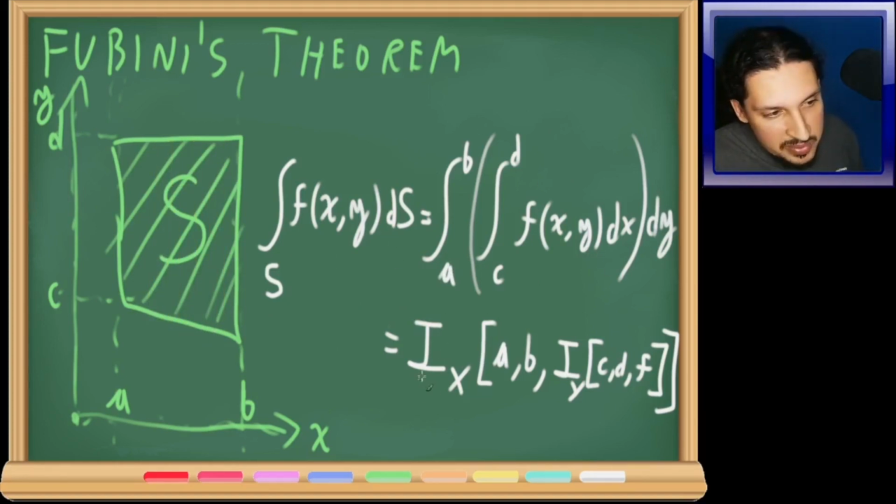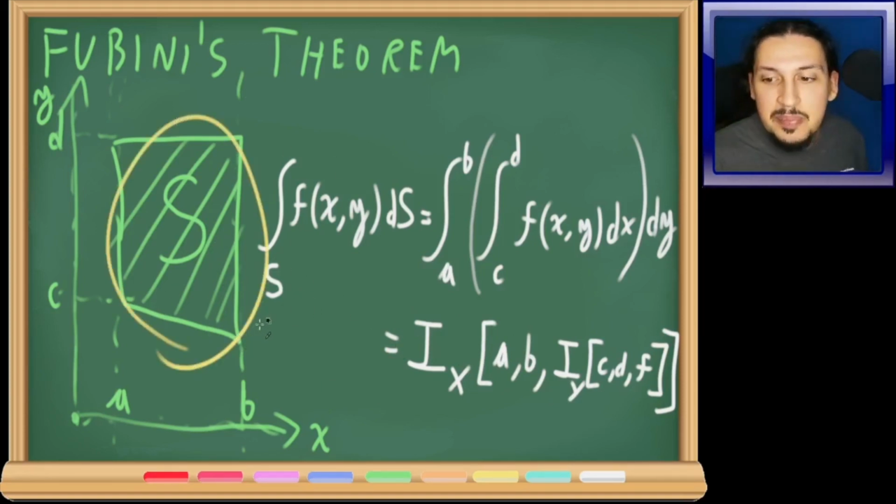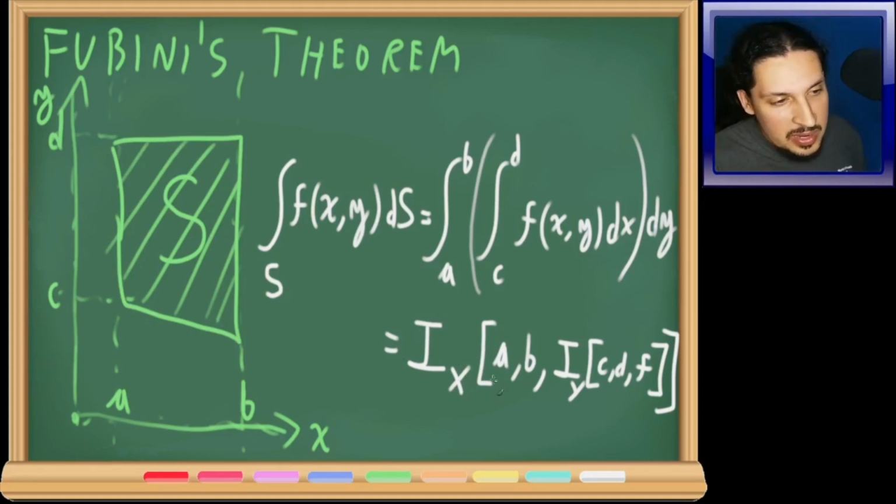But basically, if we take an integrate operator that takes, integrate from A to B, this function, what Fubini tells you is that to do the 2D integration, you can do the integration of the integration of f. But one integration is in one dimension and the other is in the other dimension.